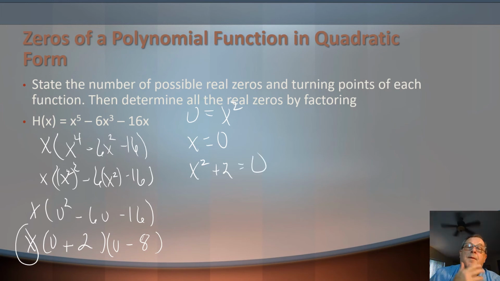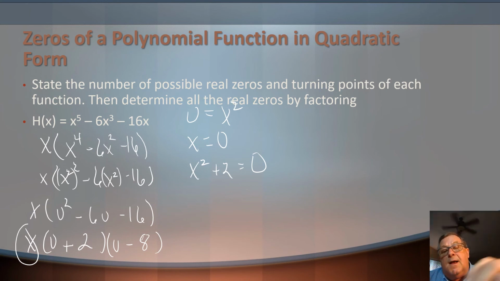Wait a minute, did I talk about possible real zeros? We could have 5 possible real zeros. Does not always mean we're going to have 5 real zeros, but it's possible. And then on our turning points, since the leading term is x to the 5th, we take the exponent of 5, subtract 1, and we could have 4 turning points.